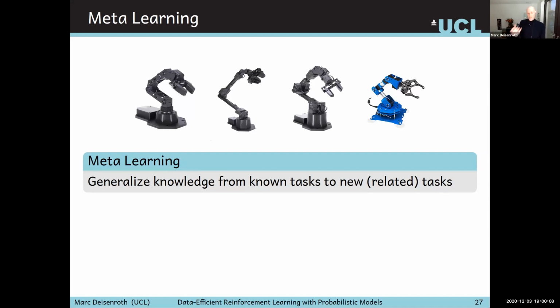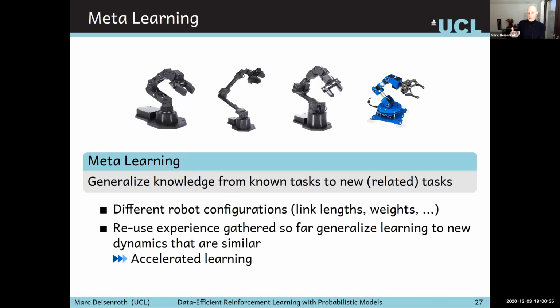So they have the same number of links, they have this gripper in the end, but their dynamic behavior is slightly different. Now the question is, can we exploit similarities between these robot arms to, for example, transfer knowledge from these 2 robot arms to these 2 robot arms, so that we don't have to learn from scratch again?